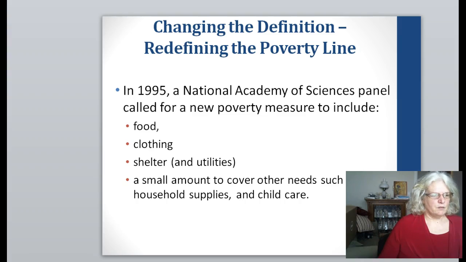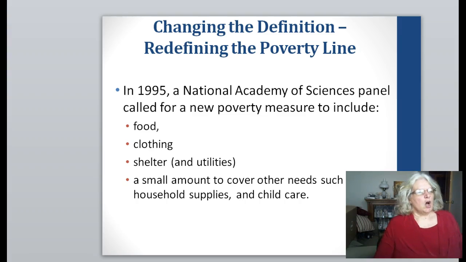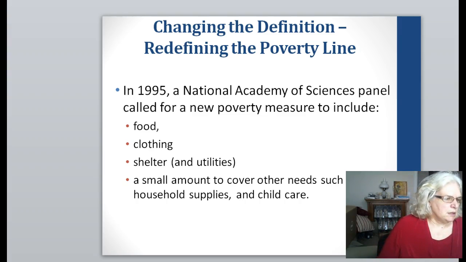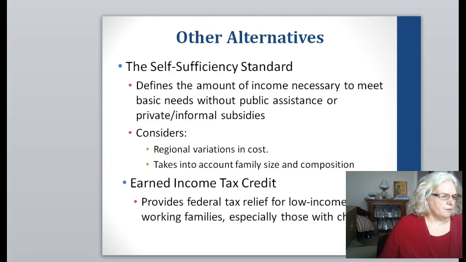Obviously, your chapter gives you this in much more depth, but we start looking at redefining the poverty line, because we're still basing things on statistics from the 1960s and 70s as we look at what determines poverty. Does it make a difference? Yes, it makes a difference.